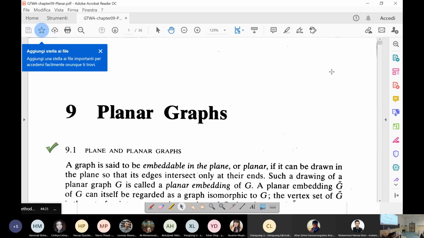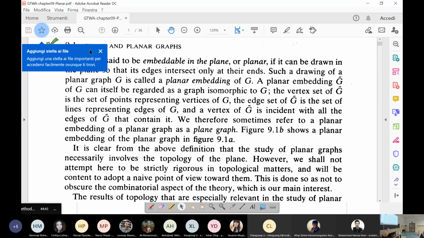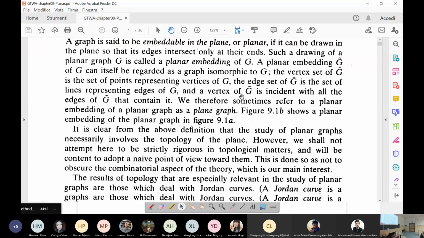There is a very beautiful answer to this problem, Kuratowski's theorem, which tells us when and only when a graph is representable on the plane, so when it is planar, but there are quite a lot of interesting things about planar graphs. Okay.